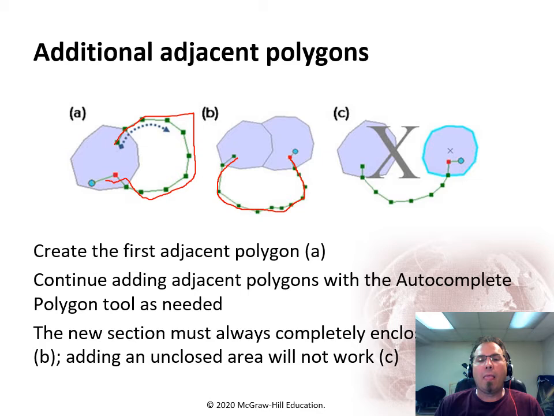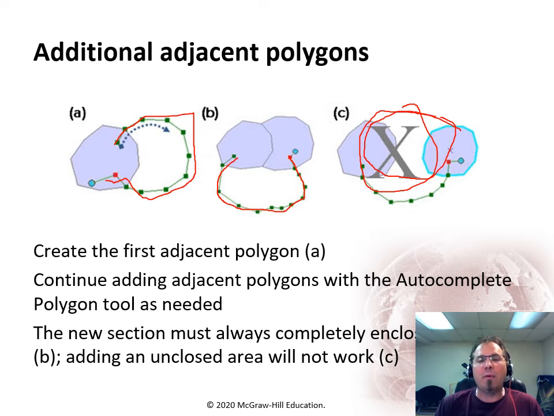Okay. Now you can't do this if there's a gap there. You must have it enclosed in order to create a third one. This does not work where you have a gap already there because the program won't know how to complete it. So in order to do this technique, you have to have coincidental boundaries already set up.